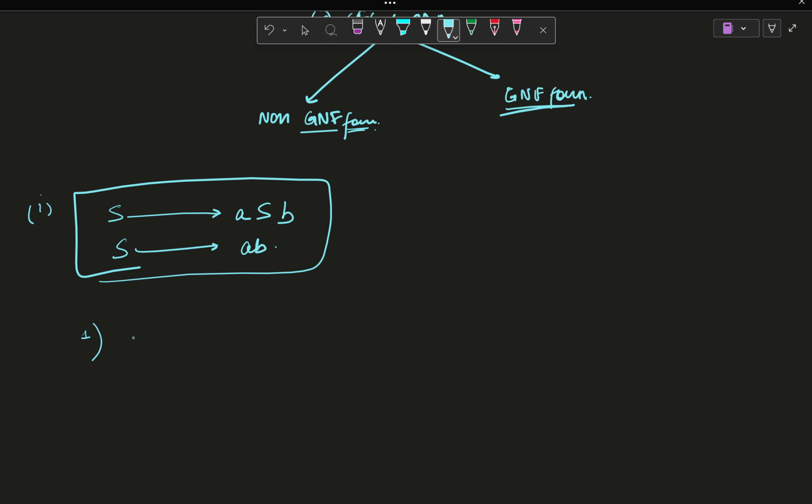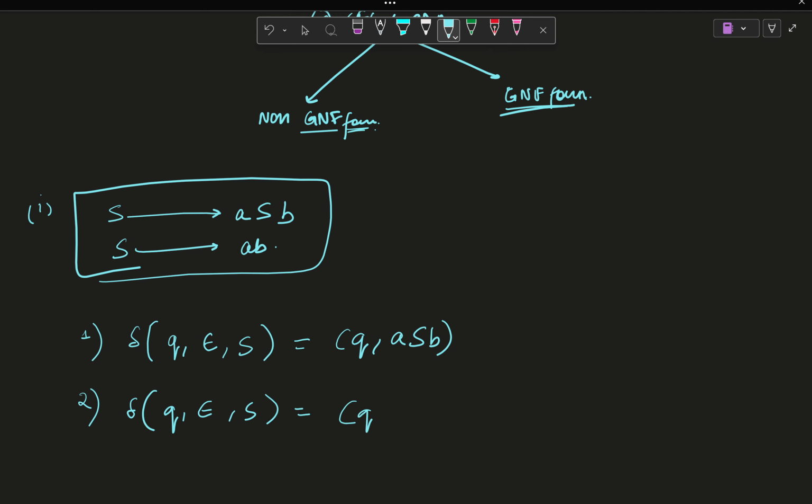So first of all, the first transition function that we have with us is delta(Q, epsilon, S) = (Q, ASB). The second one we have is delta(Q, epsilon, S) = (Q, AB). Can you sense a pattern here?